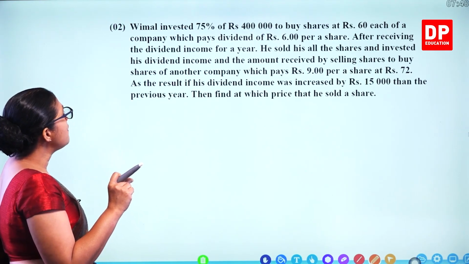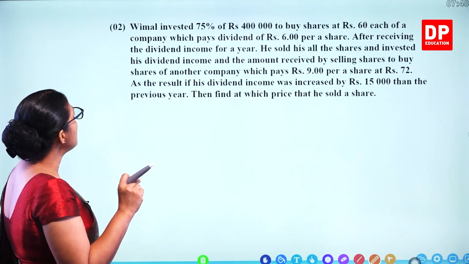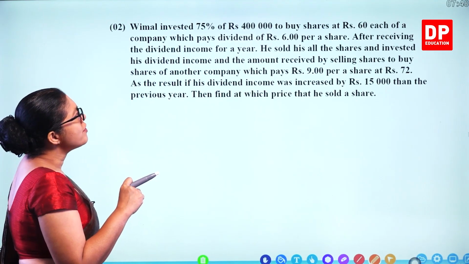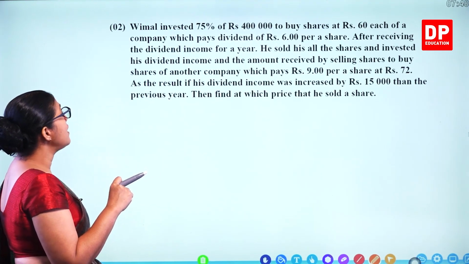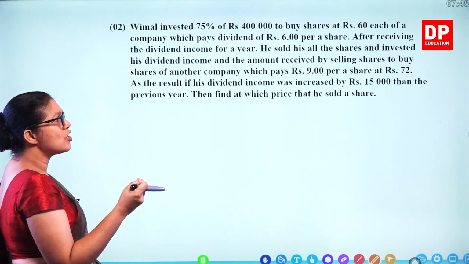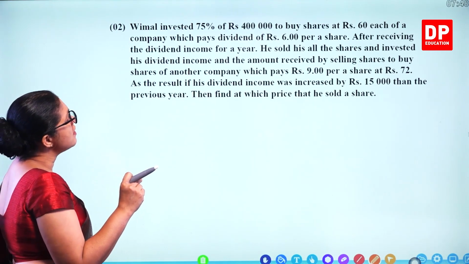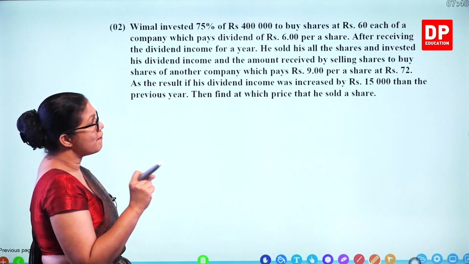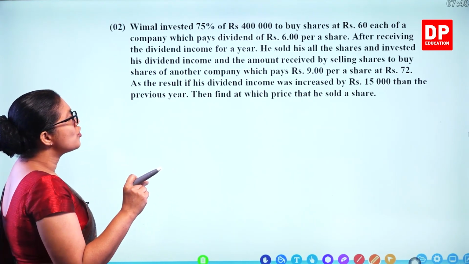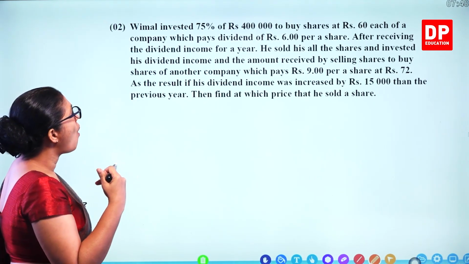After receiving the dividend income for a year, he sold all the shares and invested his dividend income and the amount received by selling shares to buy shares of another company which pays 9 rupees per share at 72 rupees. As the result, his dividend income increased by 15,000 over the previous year. Then find at which price he sold a share. So you have to do all the steps.